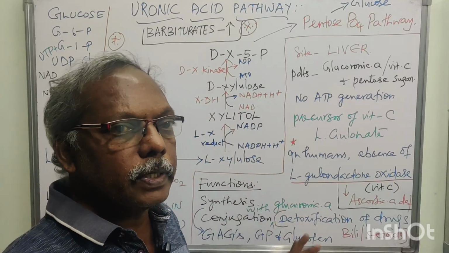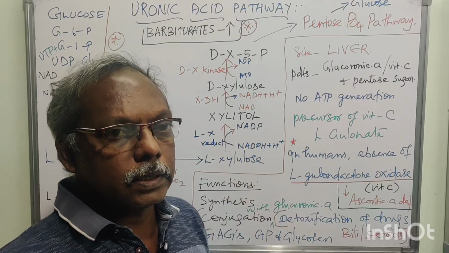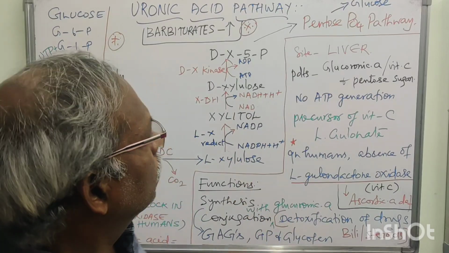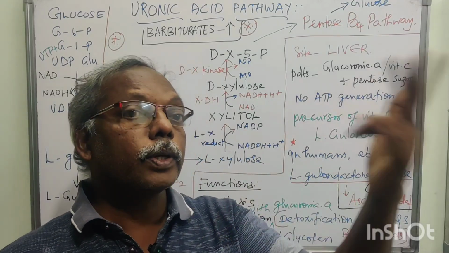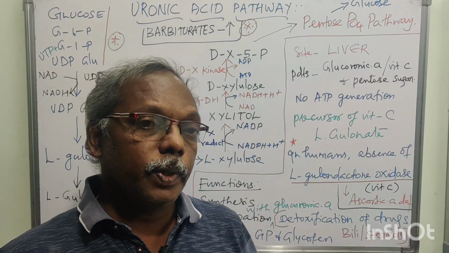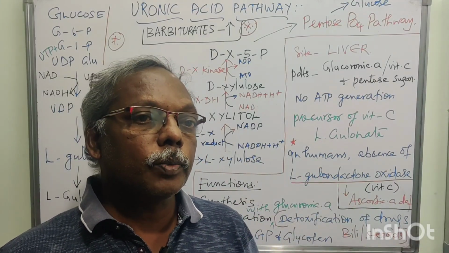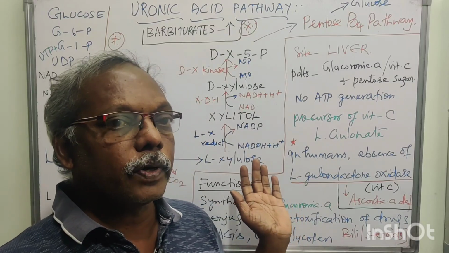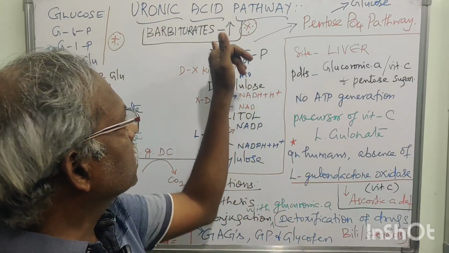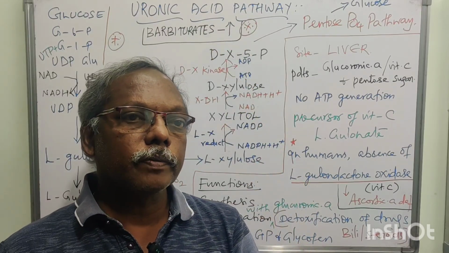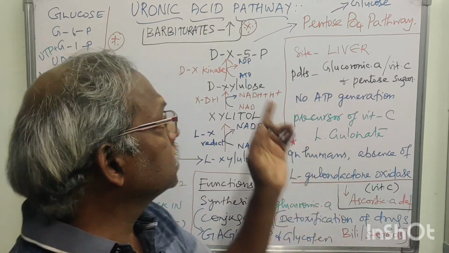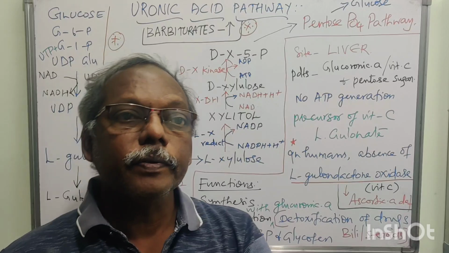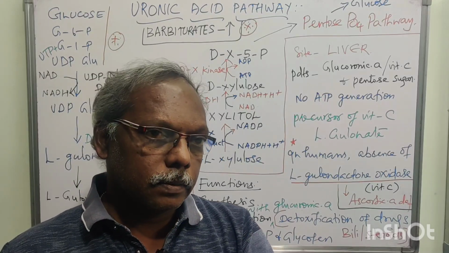The final point is that we have some drugs that induce the uronic acid pathway to produce more glucuronic acid for conjugation. One example is barbiturates, one of the anticonvulsant drugs. This increases the uronic acid pathway.